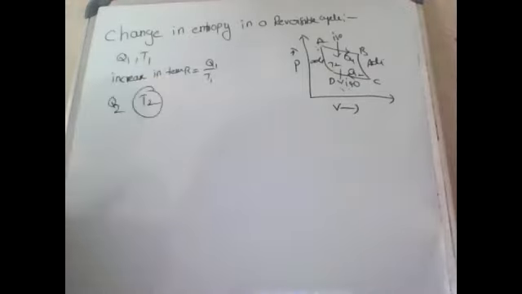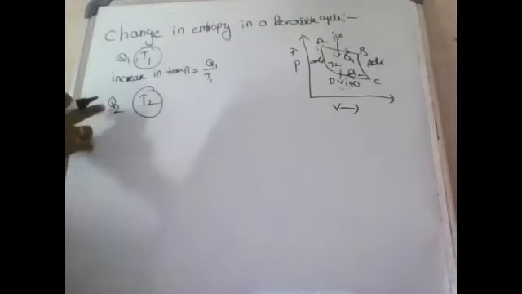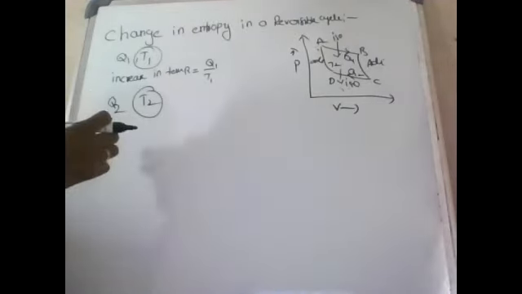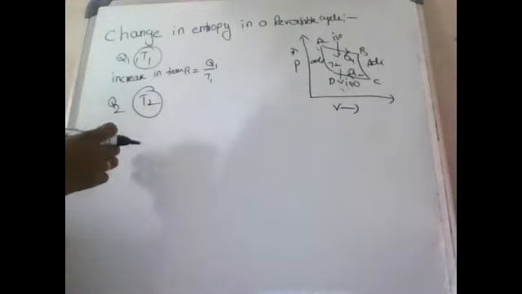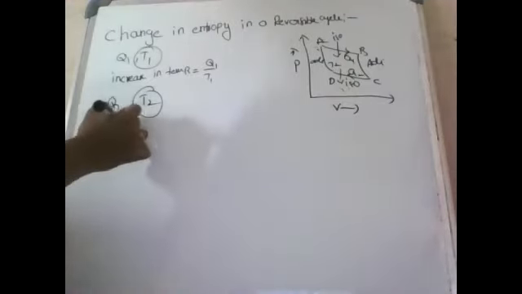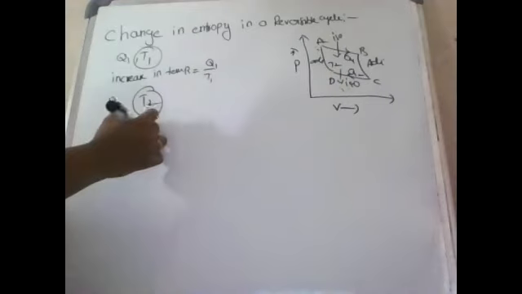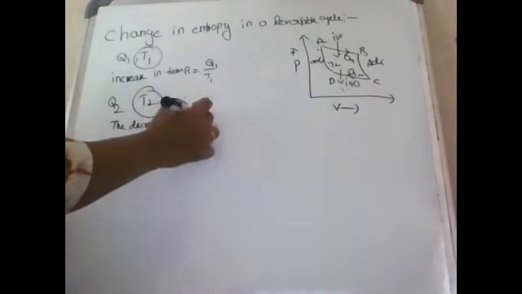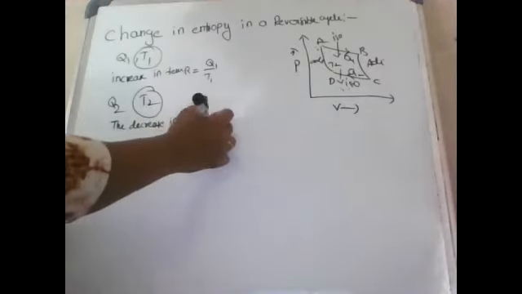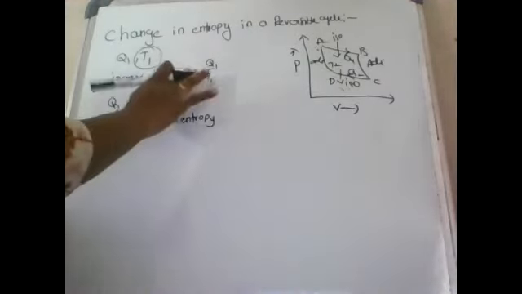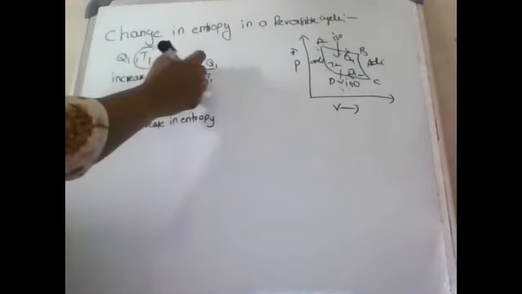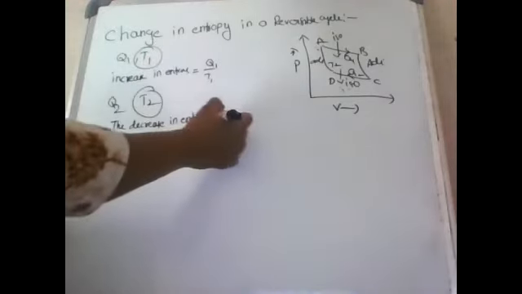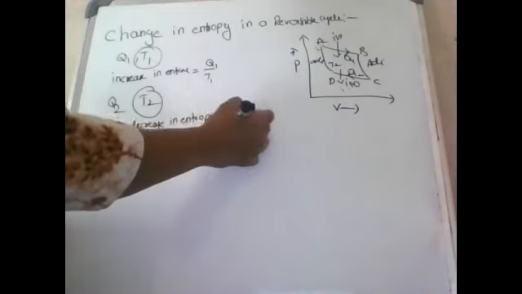What is the T2 temperature? Sink temperature. T1 is the source temperature. So the Q2 amount is rejected by the working substance. Then there is a decrease in entropy equal to Q2 by T2.